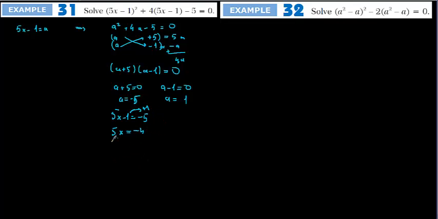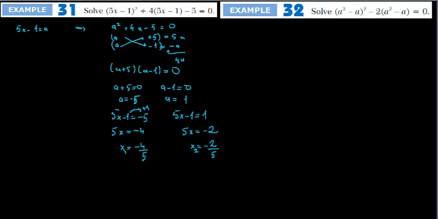Then x is equal to -4/5, we found this one. What about a = 1? If a is equal to 1, it means that 5x - 1 is equal to 1, 5x is equal to 2, and x is equal to 2/5. That is the answer, x2 is the term here.